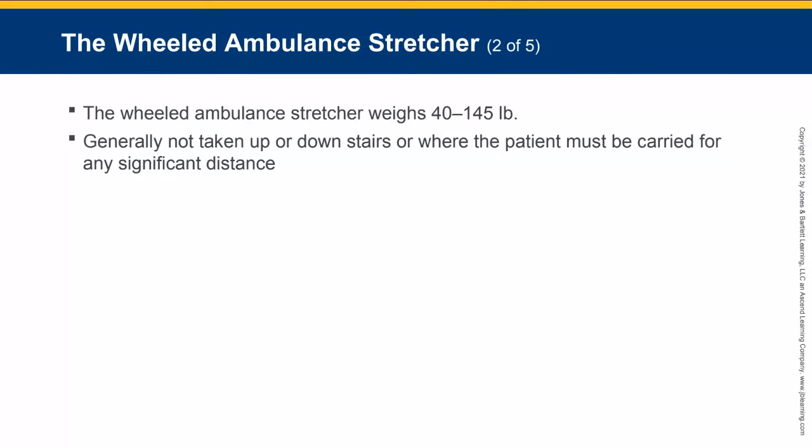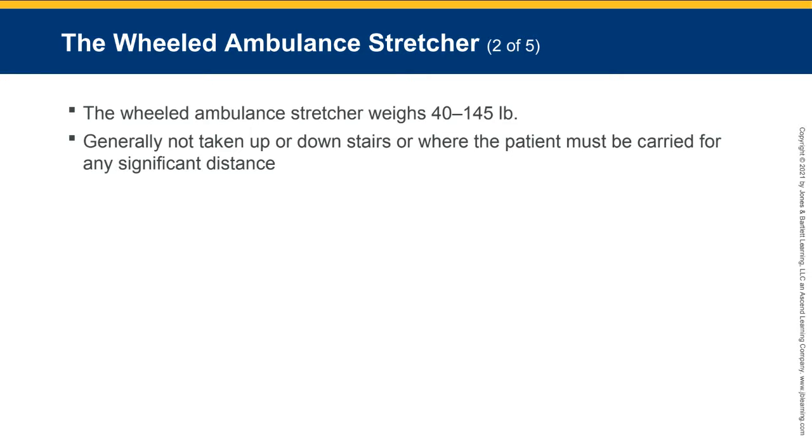So it's a very commonly used device. It's one of the most used devices on the unit. It's coming into play all the time. The wheeled ambulance stretcher weighs approximately 40 to 145 pounds. And so you have to recognize that we normally don't lift this stretcher if you're going upstairs.